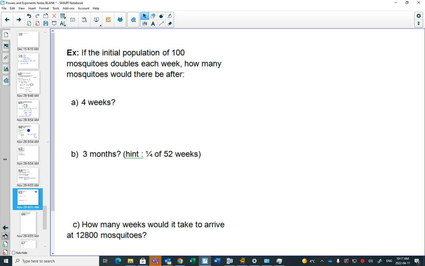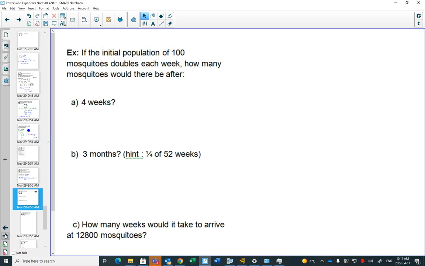How much would you have after 1 week? 200, because it's doubling every week. How many would you have after 2 weeks? 400. 3 weeks would be 800. 4 weeks would be 1,600.